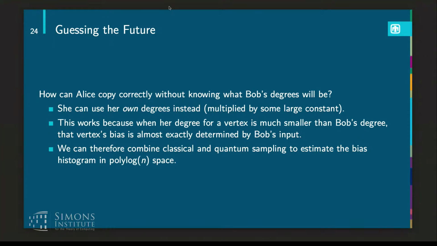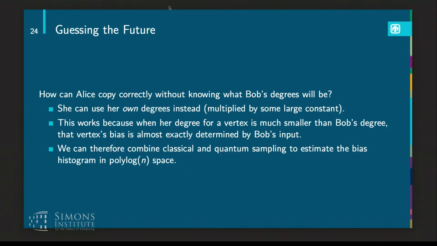And the reason this is polylog of n space rather than log n space is because we have to do something different for each degree Alice's vertices can have. So we split it into this exponentially increasing set of degree classes. But I'm going to brush over the details of that.